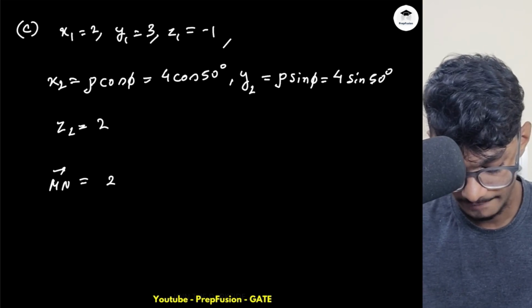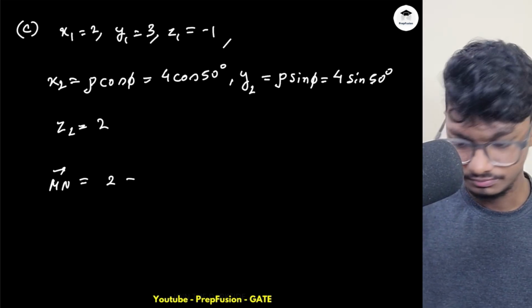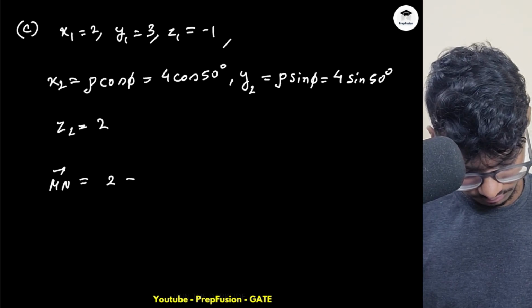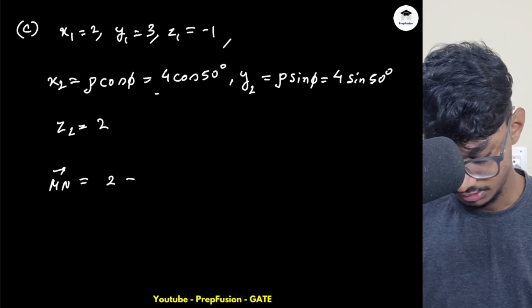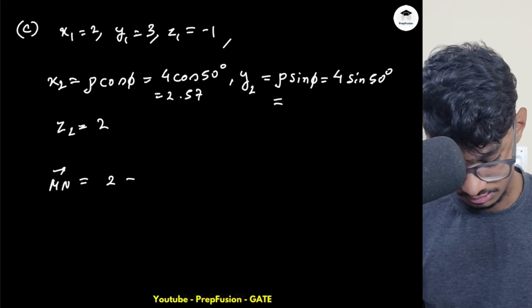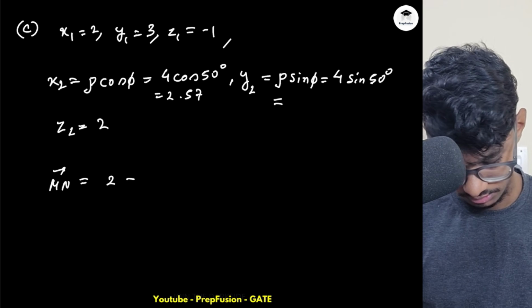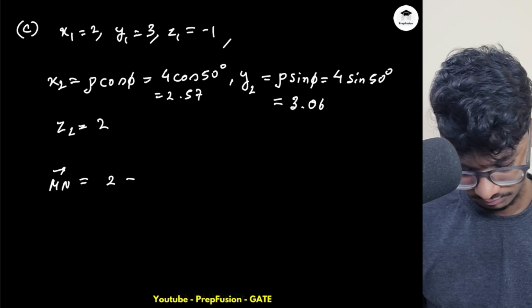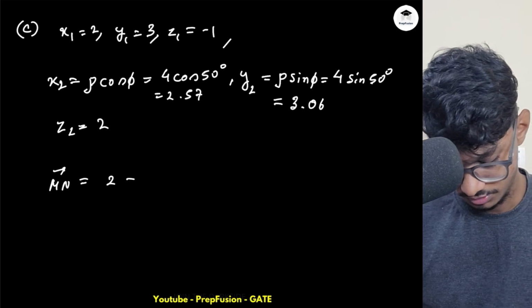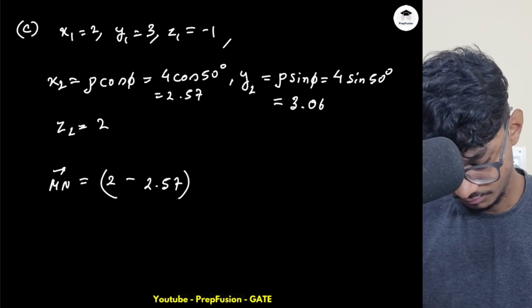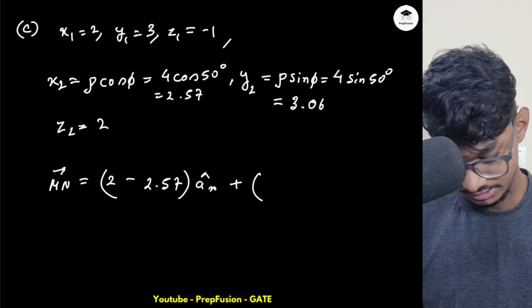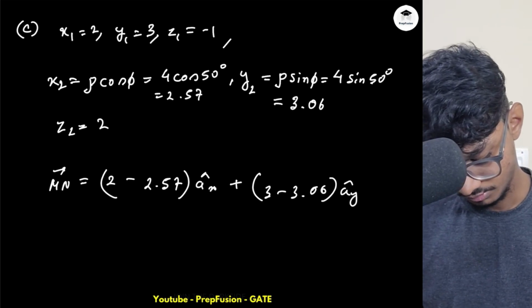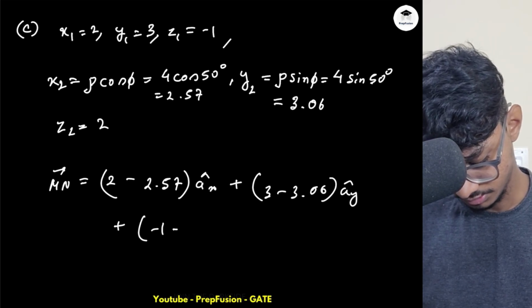So this will be 2.57 minus 2, and this is 3.06 minus 3, which is almost 0, plus, not minus 1, sorry, I have done a bit wrong.